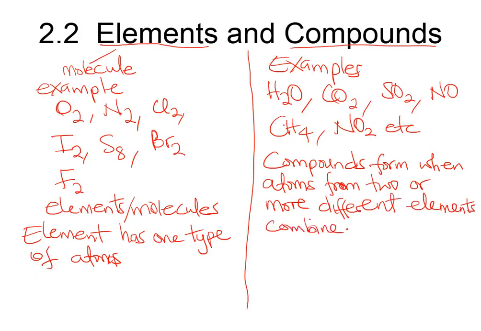So here you can see that in water we have H combining with O. In carbon dioxide we have C combining with O. In sulfur dioxide we have S combining with O. In methane we have C combining with H. So when atoms from different elements combine to form one substance, that substance, we call it a compound.